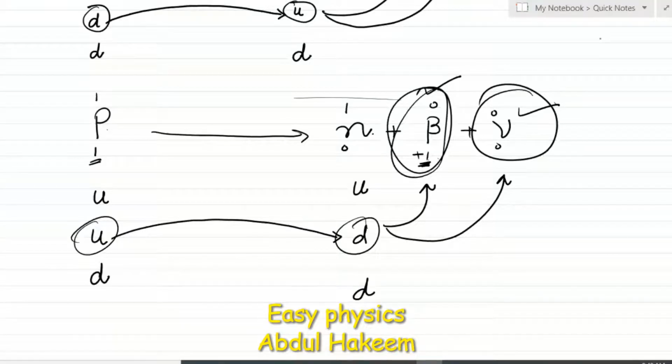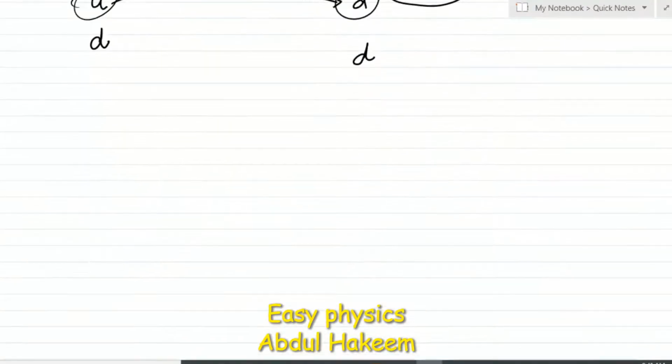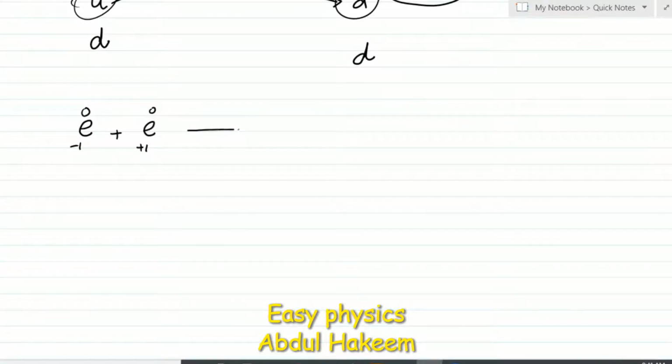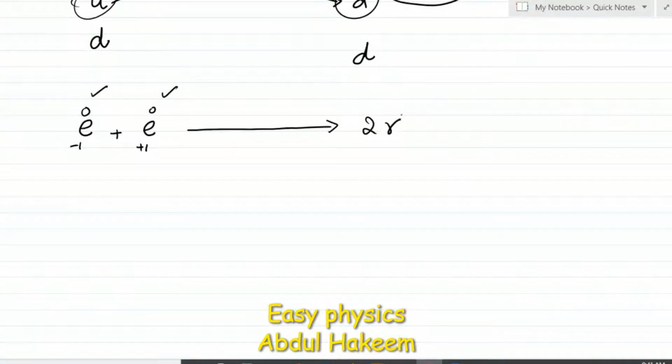Okay, now when a particle interacts with its antiparticle, like electron interacts with positive electron, positron, then the whole mass, the mass of both particle and antiparticle, is converted into energy. And 2 gamma ray photons are emitted.